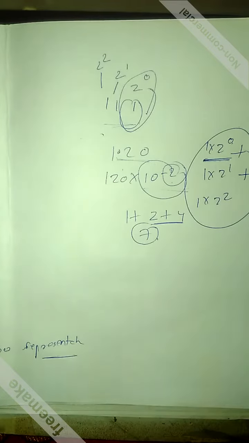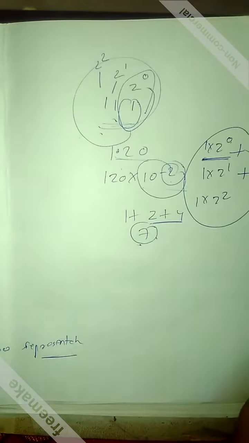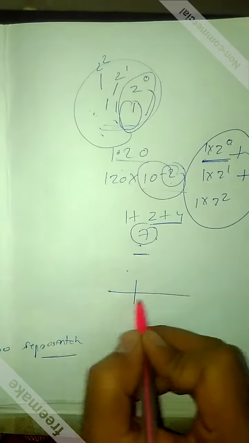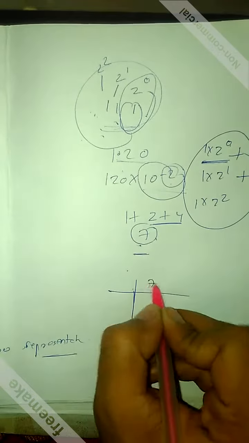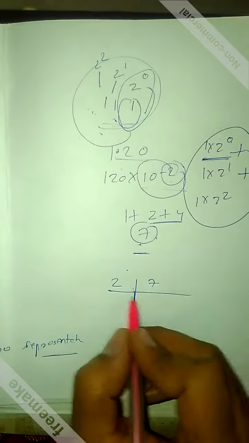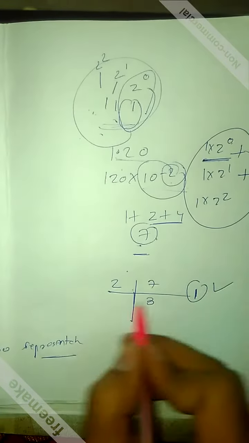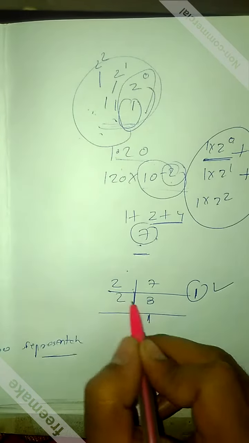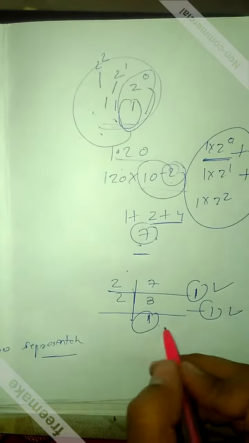Now if you want to convert this decimal number 7 into a binary number, we divide it by 2 and note the remainders. If you have 7 and divide by 2, 2 threes are 6 and 1 is the remainder, we mark 1. Now we divide 3 by 2, 2 ones are 2, so again 1 is the remainder, we mark it, and again 1 is left, we mark it.